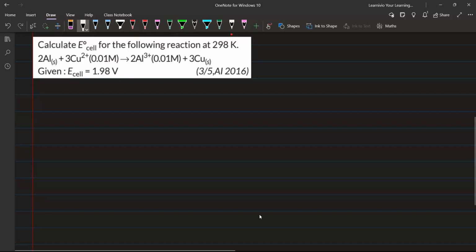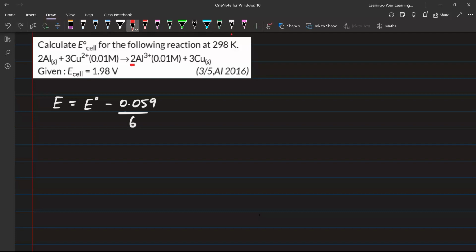देखिए रिश्ता, ओ अच्छा। Number of electrons, 6 electrons, right? 2 into 3.